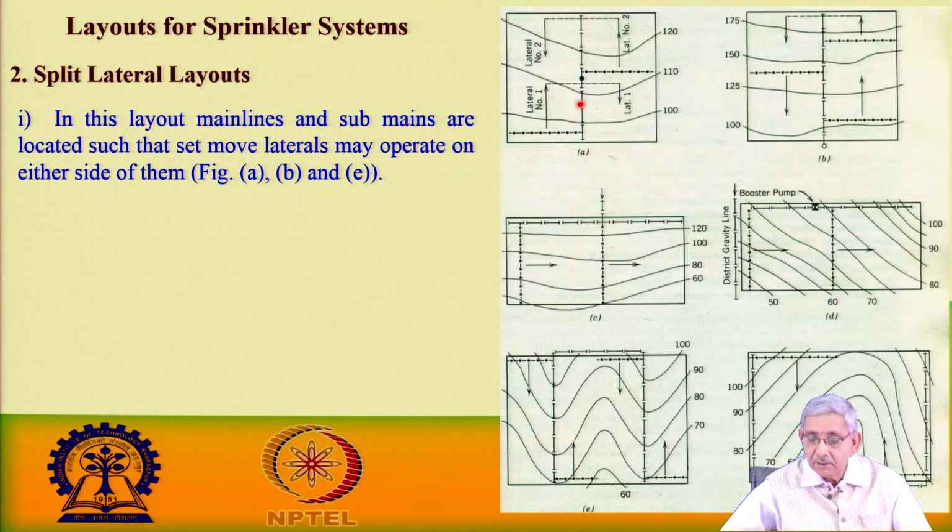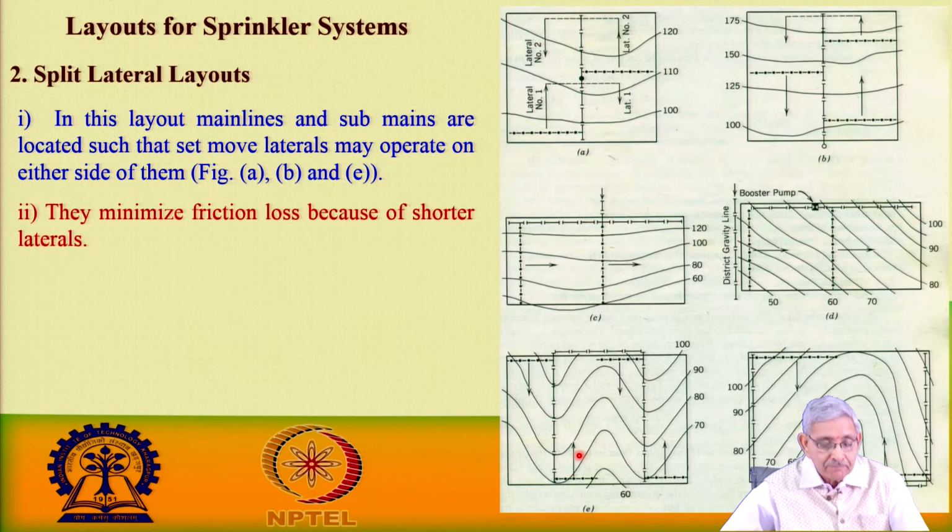You can see here in A, the movement of the lateral may be taken on either side of them. In this particular figure, or this figure, we can see this split lateral layout, shown here.